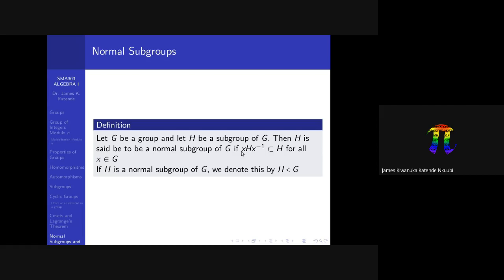When you are checking whether a subgroup is normal or not, if you can show that this statement fails for one of the elements in the group, then that subgroup will not be normal. You don't need to check the others if you can find one for which it fails.